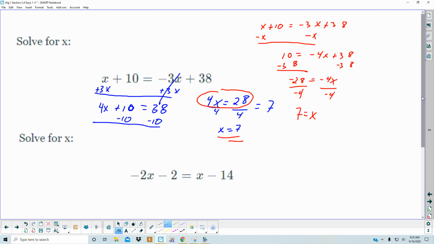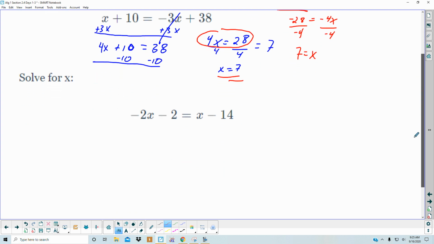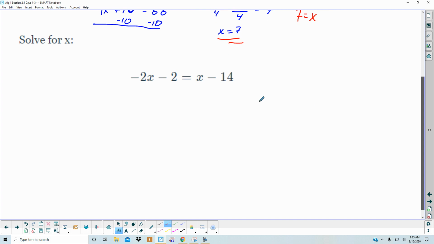I have a preference, and I'll talk about that on this one. This is a 1x. If I subtract the 1x from both sides, notice I get a negative 3x. I'm just partial to staying away from negatives. There's nothing wrong with negatives. I just try and avoid them. So instead of moving this x to the left, I'm going to move this x to the right by adding 2x to both sides.